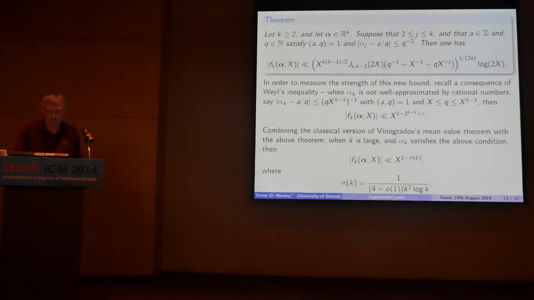Well, with this new method, using the classical version of Vinogradov's mean value theorem, you get a similar estimate, but now instead of something exponentially small in terms of k, you get something which is like 1 over 4 times k squared log k. So that's much, much better. And as before, it's a pretty good estimate, but it's far from optimal.